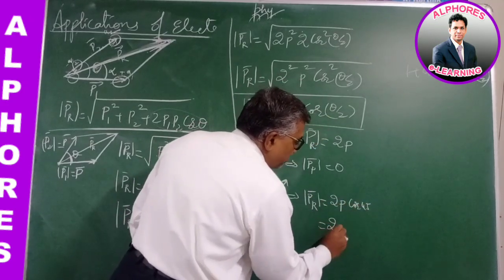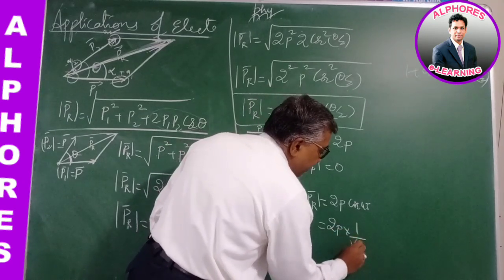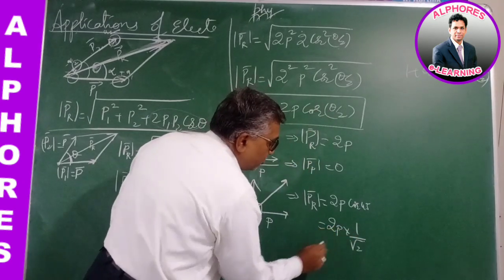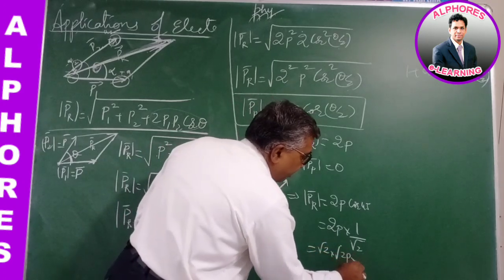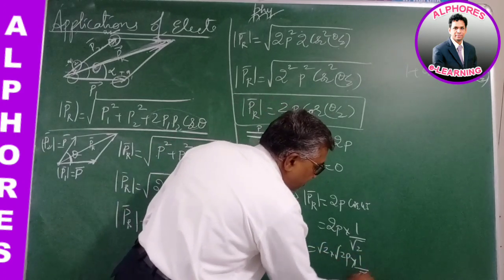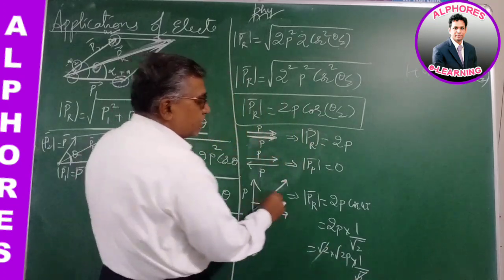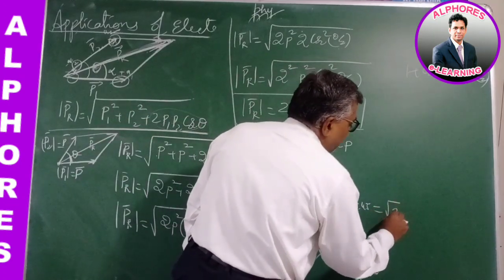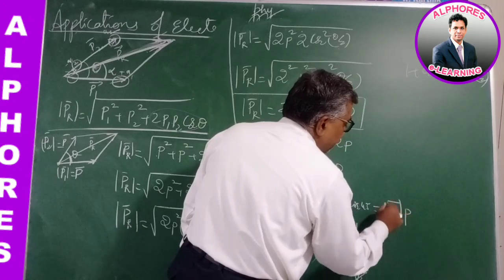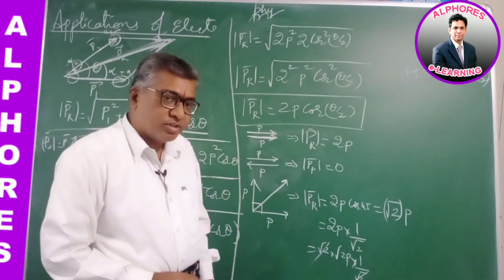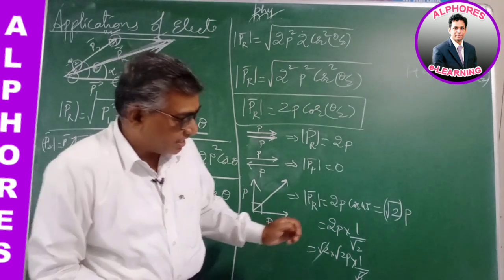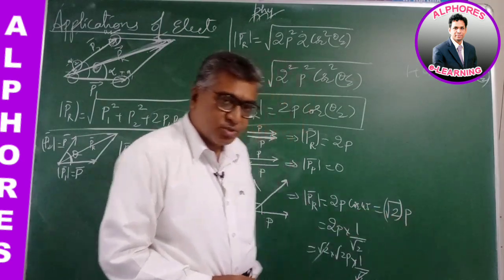We know cos 45 is 1 by root 2, and this 2 I can write as root 2 into root 2. So p times root 2 into root 2 into 1 by root 2. One root 2 cancels with one root 2. So therefore the resultant dipole moment is root 2 times p. So when two identical dipoles are perpendicular, at right angle to one another, the net dipole moment is root 2 times p.